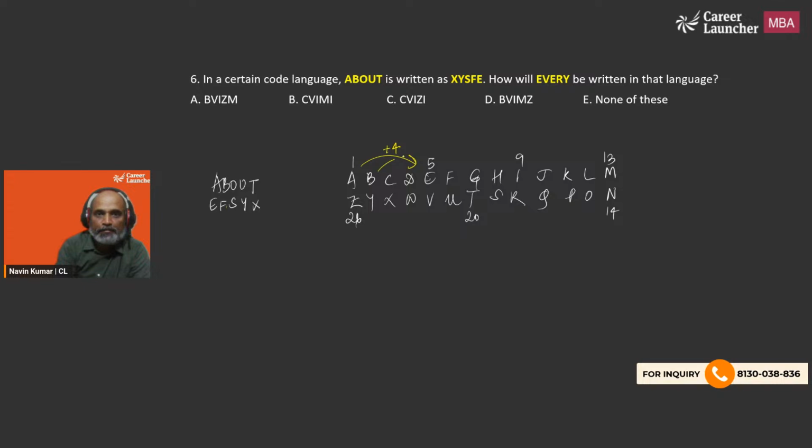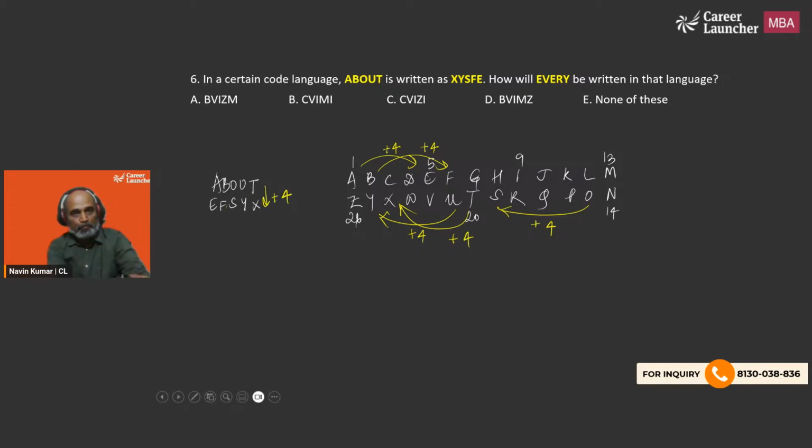B becomes F, so that's another +4. O becomes S, that's another +4. U becomes Y, that's another +4. And T becomes X. That's another +4. So basically, each letter moves 4 places ahead in the English alphabet.